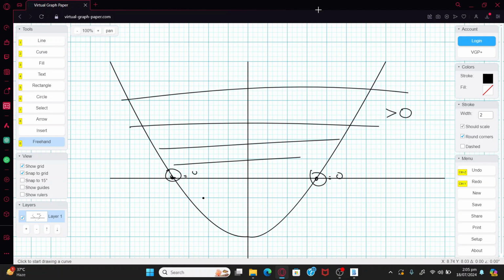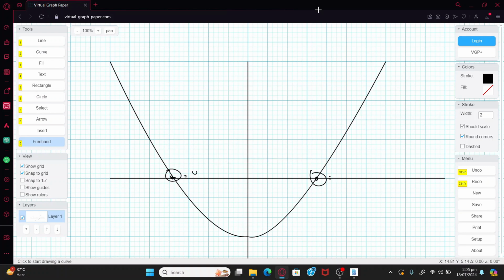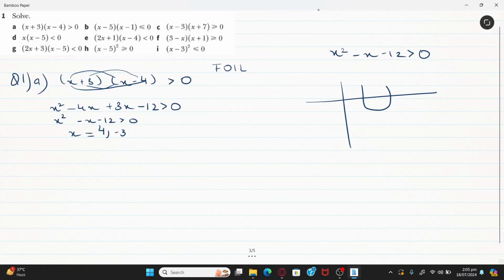And whatever points of this graph are below our x-axis, they are lesser than 0. And that's the basic concept that I'm going to explain. They're telling us when x is equal to 4 and x is equal to -3.